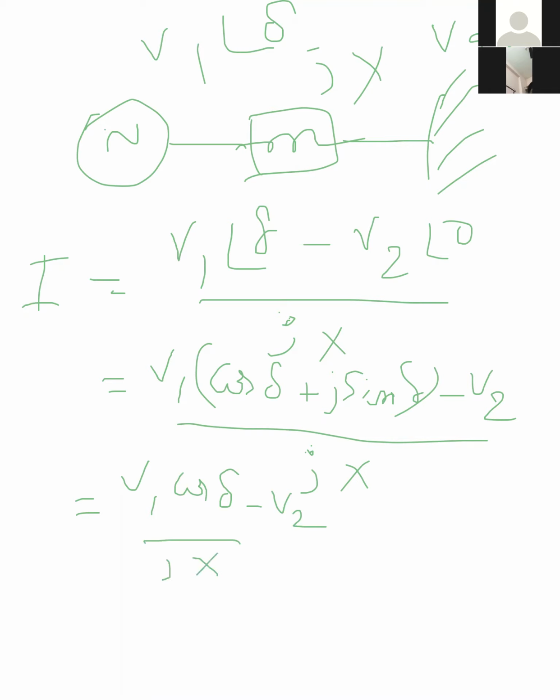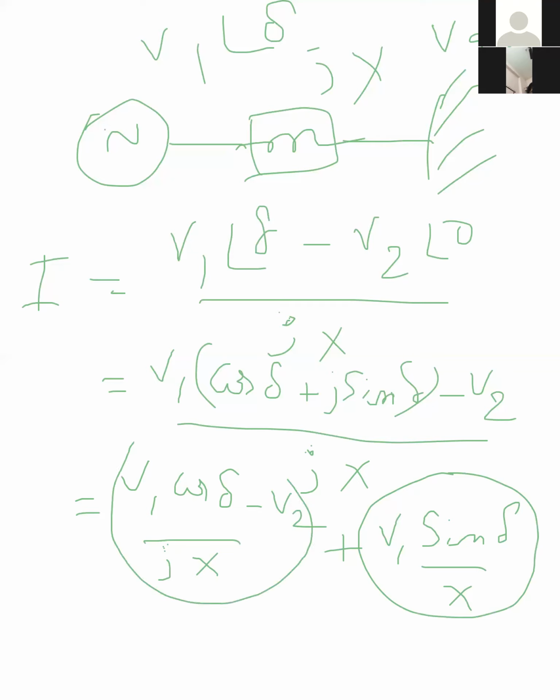In the second term, V1 j sin delta, the j's cancel, so you get V1 sin delta divided by X. You can see that this is the real component. And in the first term, the j in the denominator comes to the numerator and you get minus j. So this is the reactive component of the current. This is responsible for the reactive power, and the other is responsible for the real power.